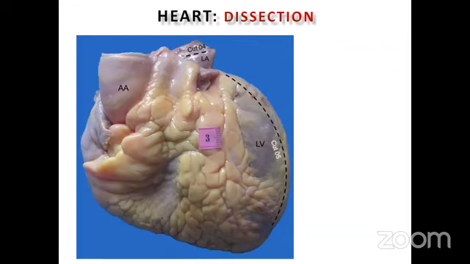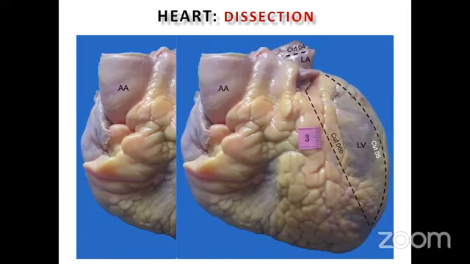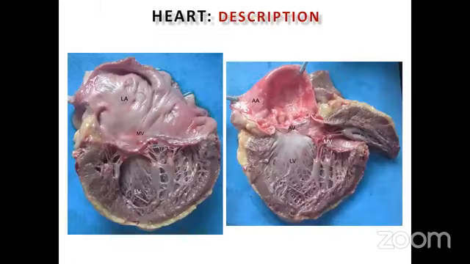Thus, whenever there is a mitral valvular pathology, a valve sparing cut is employed where an incision parallel to the anterior interventricular septum is taken to enter the ascending aorta. So, this is the modification that we make as far as the left side of the heart is concerned, especially when you're dealing with a significant pathology of the mitral valve.